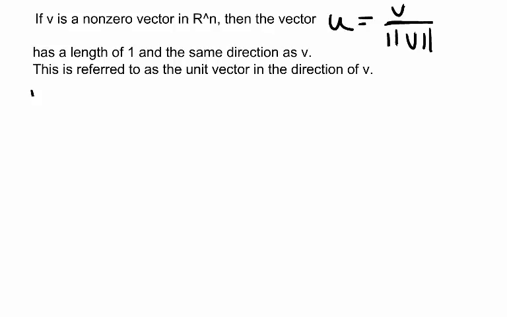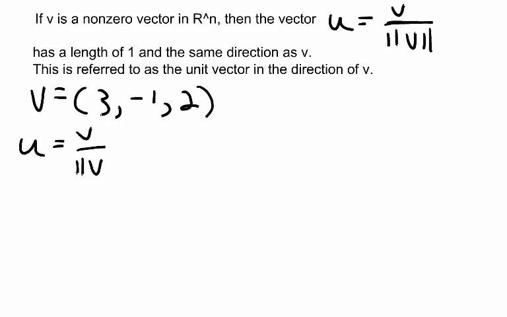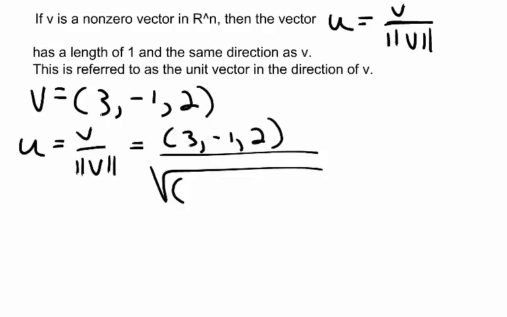Let's find the unit vector in the direction of v for a 3-dimensional vector, 3, -1, and 2. We want to verify that it has a length of 1. So u equals v over the magnitude of v, which equals 3, -1, 2 over the square root of 3 squared plus -1 squared plus 2 squared.